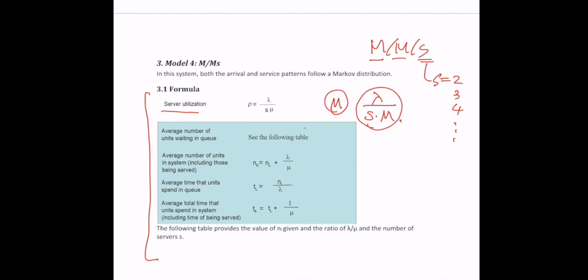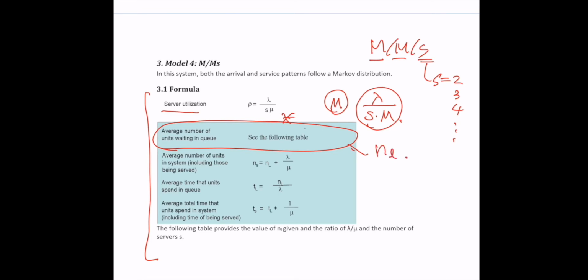So remember this. For the average number of units waiting in queue, it says that you have to see the following table. Let's hold it, but I will show you how to use a specific table to find this average number of units waiting in queue.